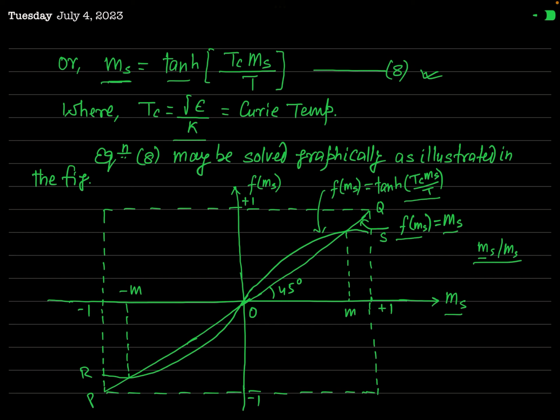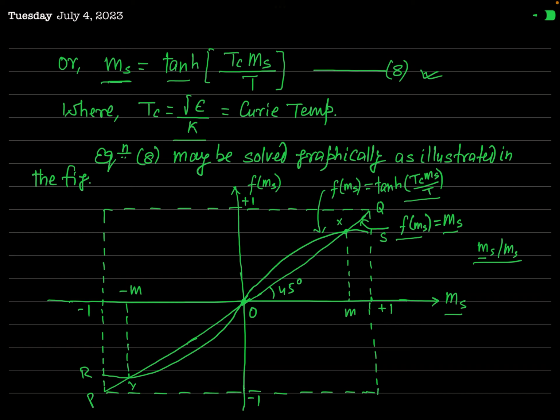Now you can see that these two curves intersect one another at two points. The first point is here, let us say this point is x, and the other point of intersection is y. There is also a third intersection, and this is at the origin.